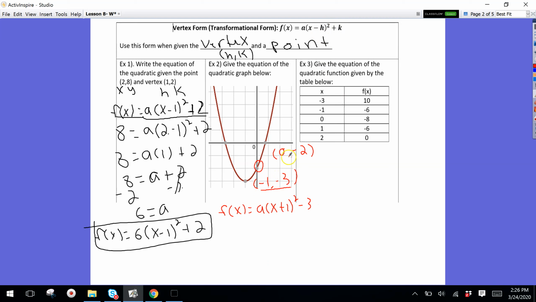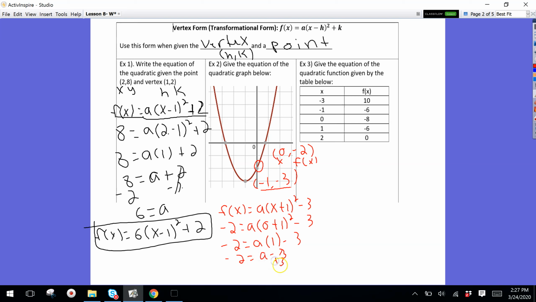So now we're going to go ahead and plug our point of x and f of x here, which is our y-intercept. So we're going to have a -2 here for f of x, and we're going to have a 0 for x. And we're going to simplify and solve this. So we have a parentheses 1 squared, which is 1, minus 3. And so we have the equation -2 is equal to a minus 3.